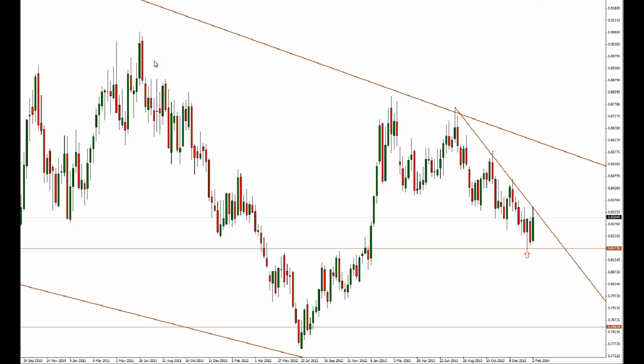A close below this level means also an invalidation of the bullish pin bar, so it means a double bearish continuation.